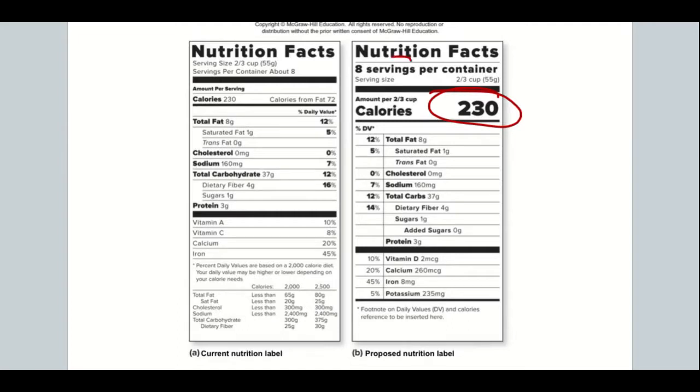Again, make sure that you're looking at how many servings there are in the container. If you think that this package has 230 calories and you plan on eating the whole bag, you just ate 230 calories times 8. So always pay attention to the number of servings that you have. And that's nutritional food labels.